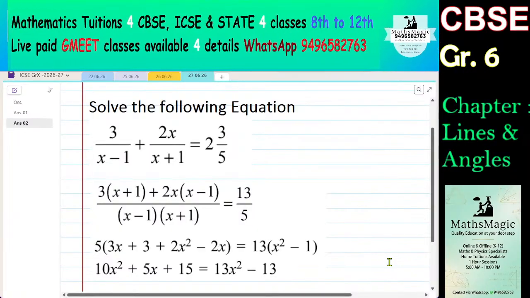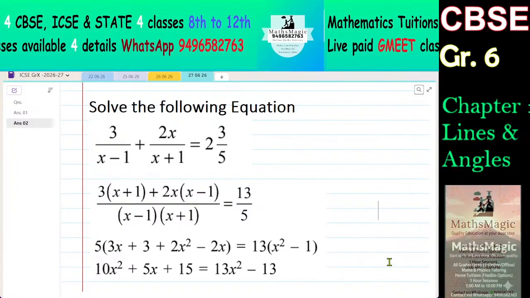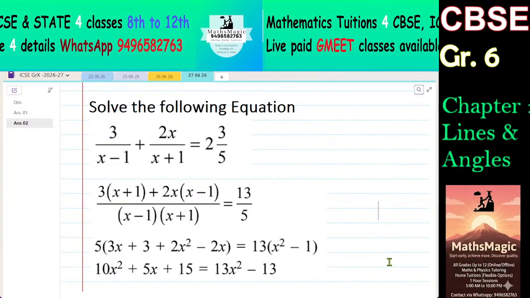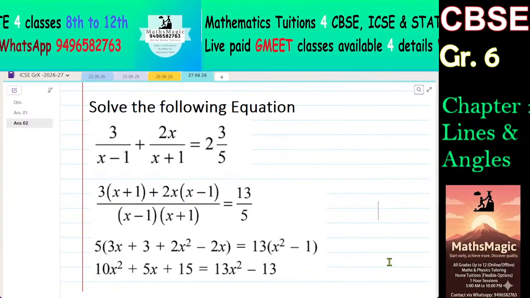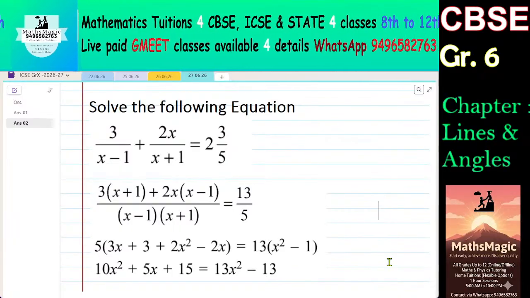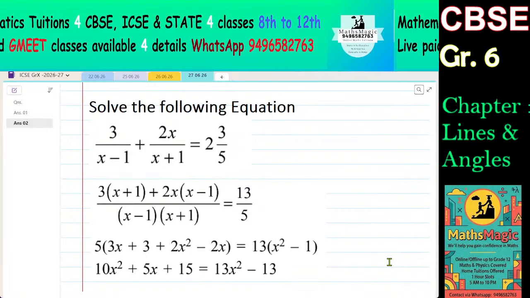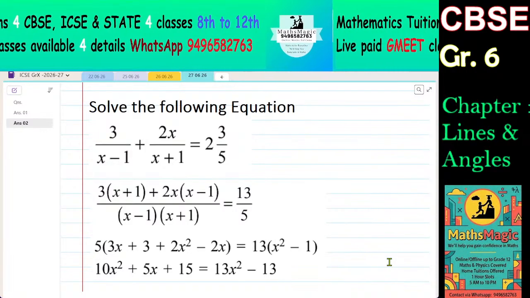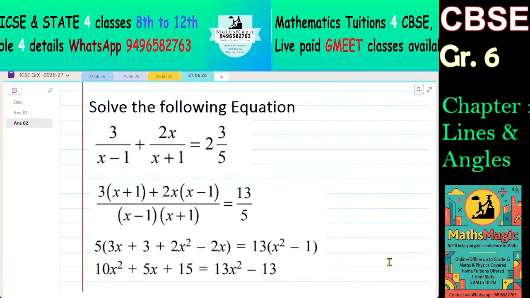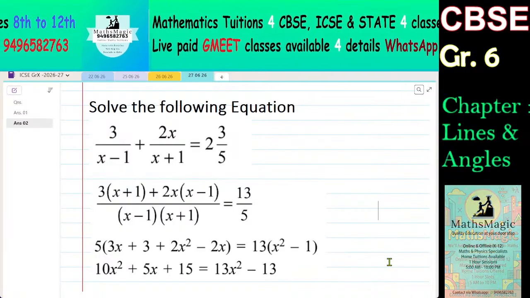Okay, you have the doubt of 5x. Just check the terms inside the small bracket in the previous step. You have a 3x there and a minus 2x. 3x minus 2x is x, and that x multiplied with the 5 outside will be 5x. And 2x squared multiplied by 5 gives you 10x squared, and the 3 left, 3 times 5 is 15.